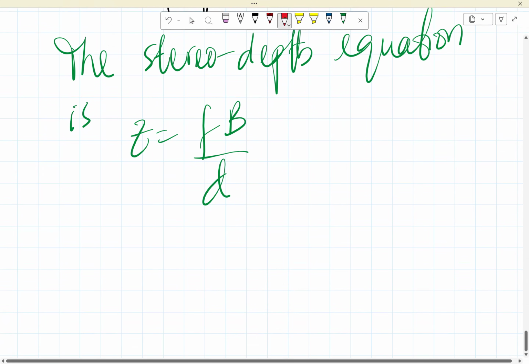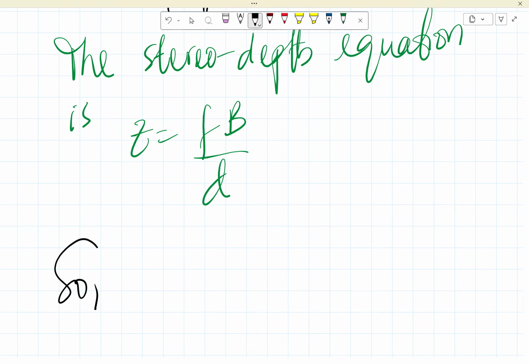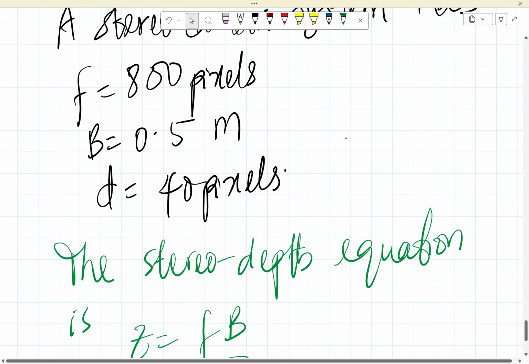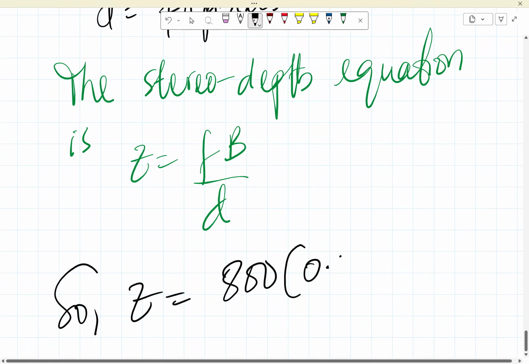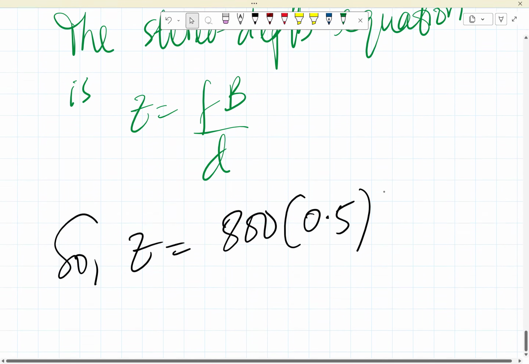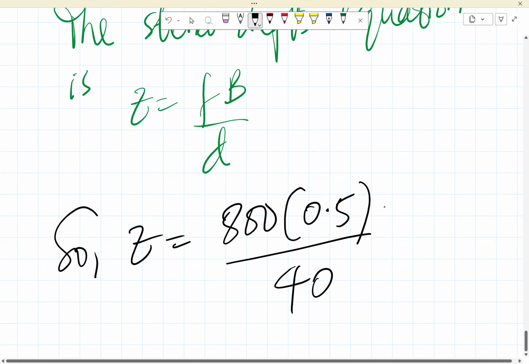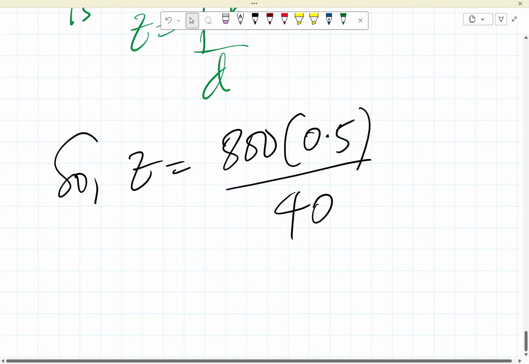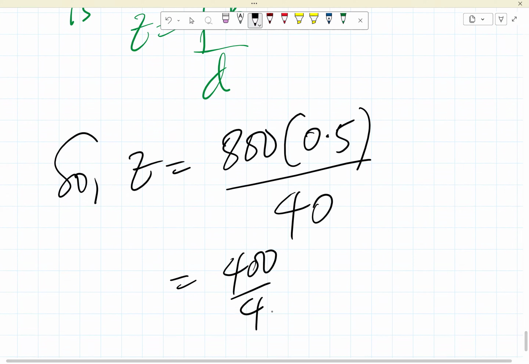So substituting values, z now can be said to be 800. F is 800, right? B is 0.5 and d is 40. So if we put all of that together, this is 400 over 40.